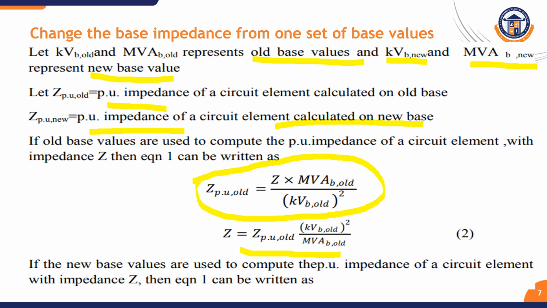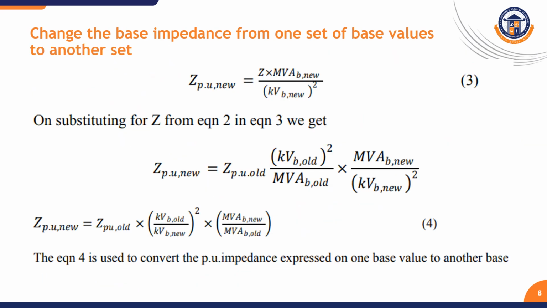From the above equation we can rewrite the equation for impedance, that is the actual value of impedance, as equation 2. If the new base values are used to compute the per unit impedance of a circuit element with impedance Z, then equation 1 can be rewritten as: Z per unit new is equal to Z into MVAB new by KVB new squared. Here it is new, so numerator and denominator both should be new.